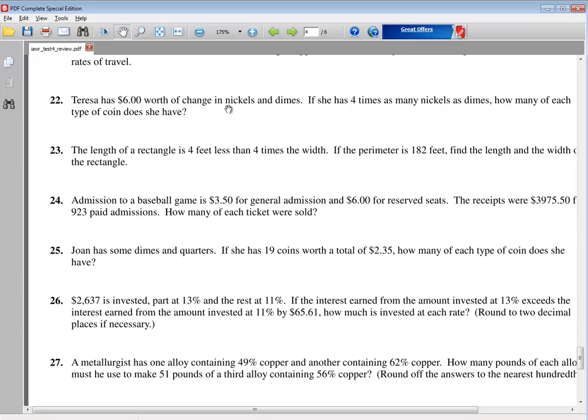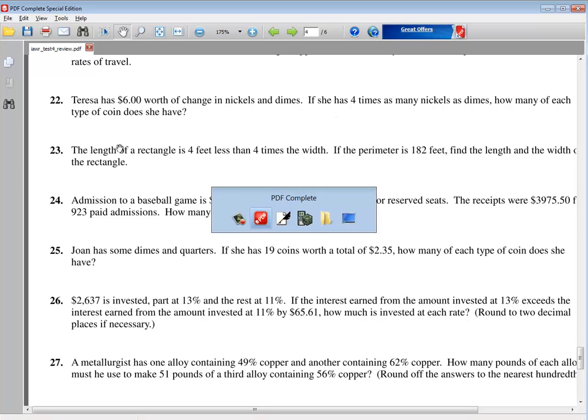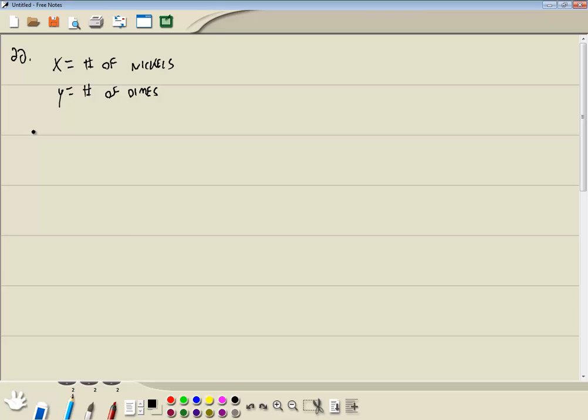Okay, $6 worth of change in nickels and dimes. Well, that means my nickels plus my dimes gives me $6. Nickels are worth 5 cents, so that'll be 0.05x. Dimes are worth 10 cents, so that's 0.10y equals $6. First off, I hate decimals, so I'll move these 2 decimal places to the right.